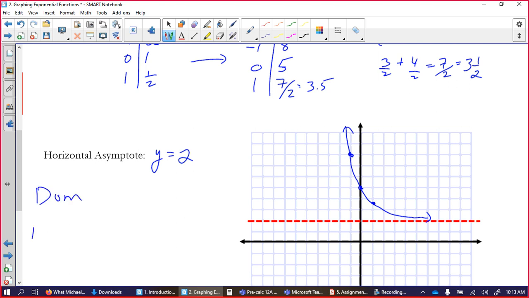I'm going to just write domain and range over here. So domain: exponentials are like quadratics. They're kind of boring. X is part of the reals. Let's stick to the important bits. The range, all of our y values have to be greater than 2.